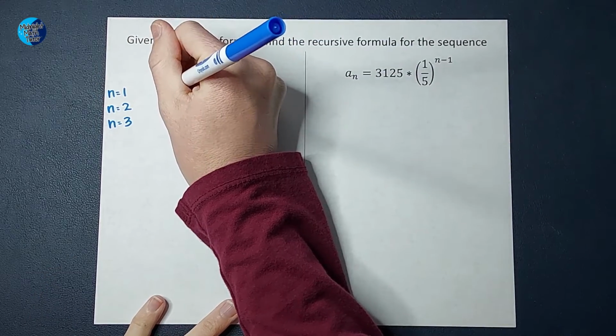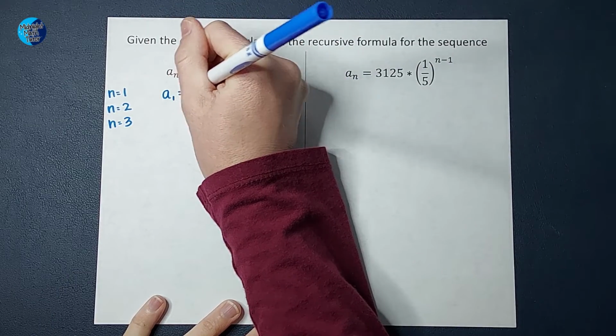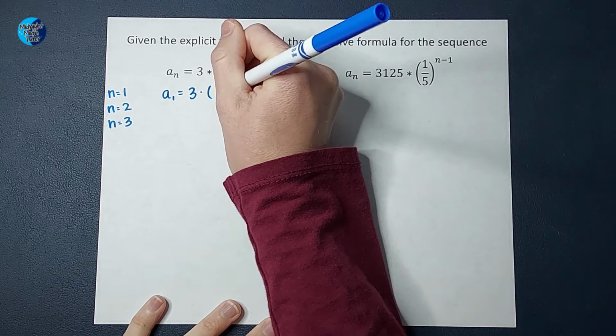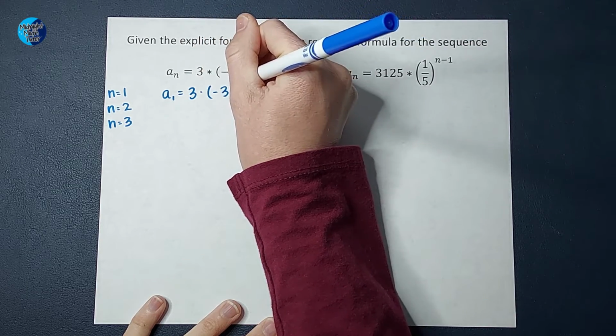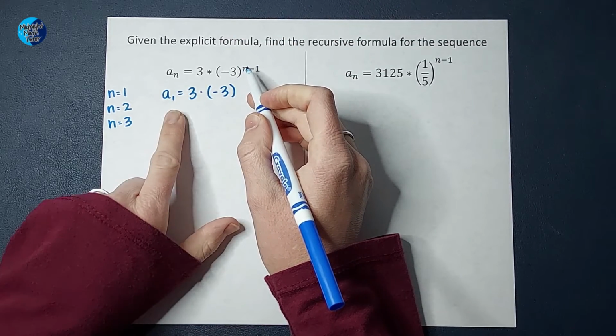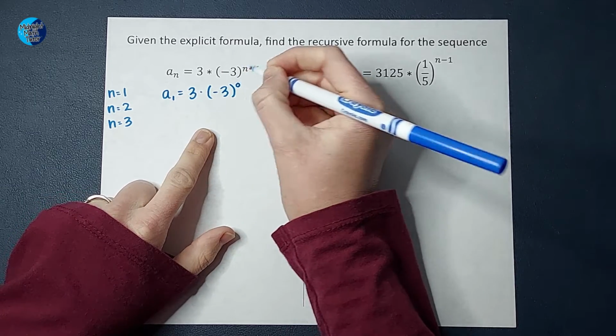So a sub 1, or the first number in this sequence, is going to be equal to 3 times -3 to the power of n minus 1. Now, we're plugging in 1 for n, so 1 minus 1 gives me 0, right?